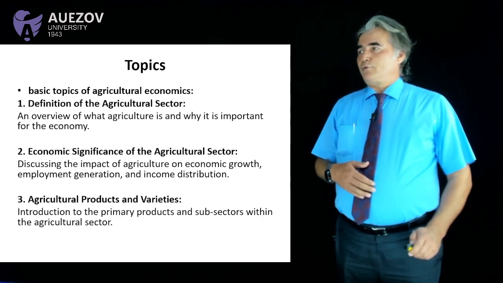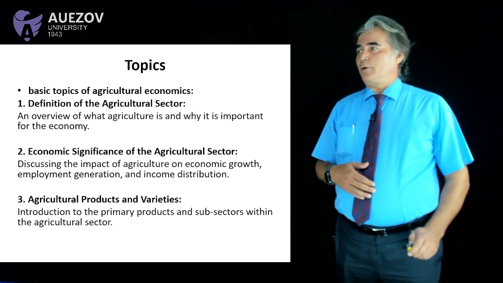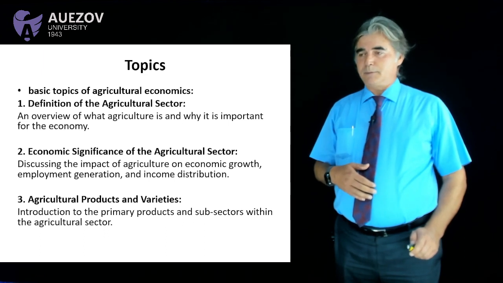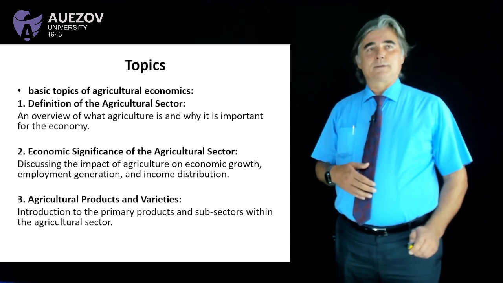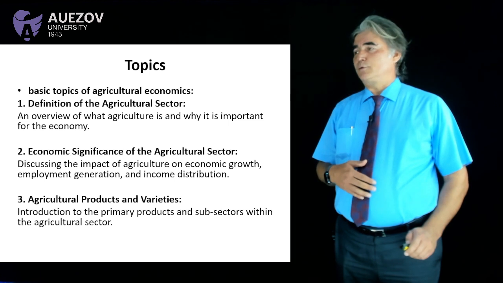We try to define the agriculture sector, the basic topic of our science department, and then we try to understand the economic significance of the agriculture sector, discussing economic growth, employment generation, and income distribution.